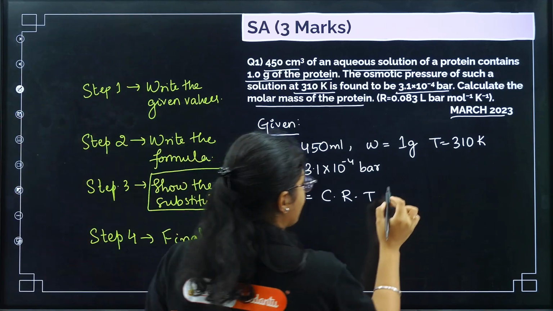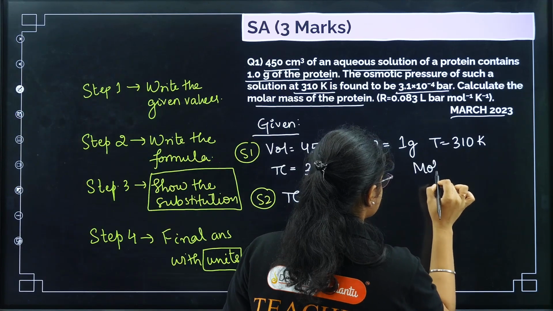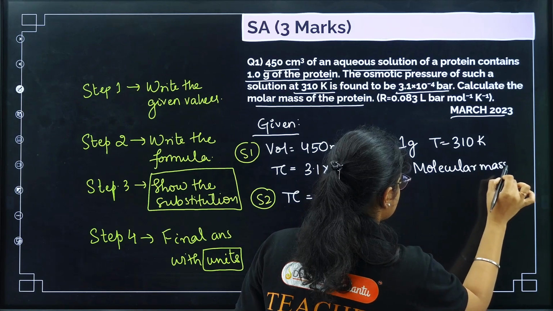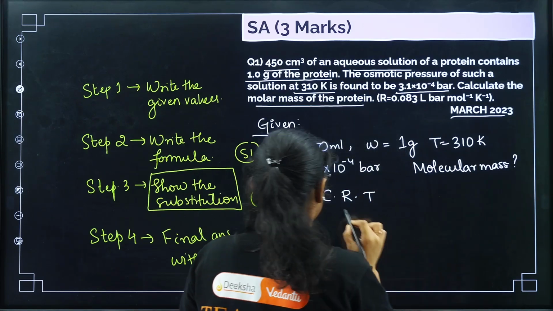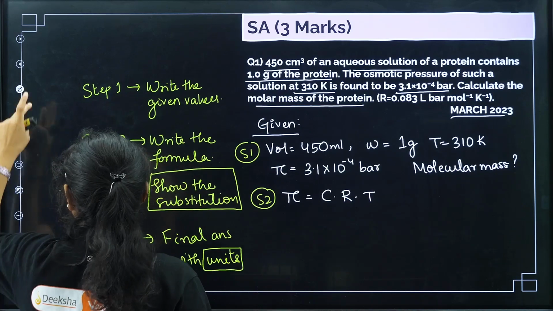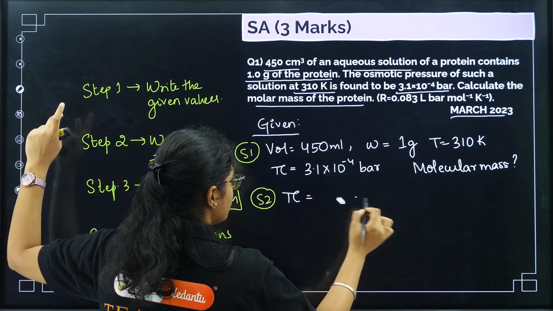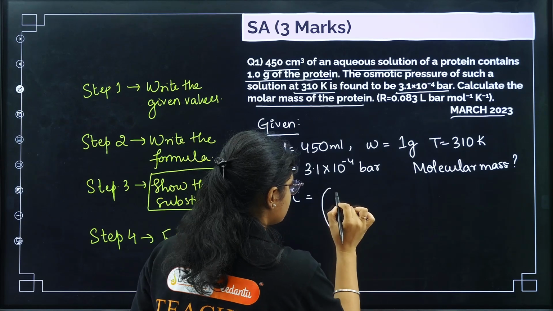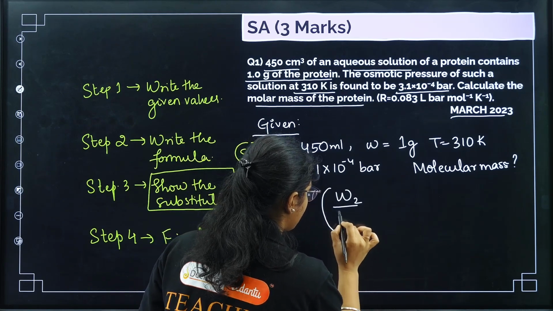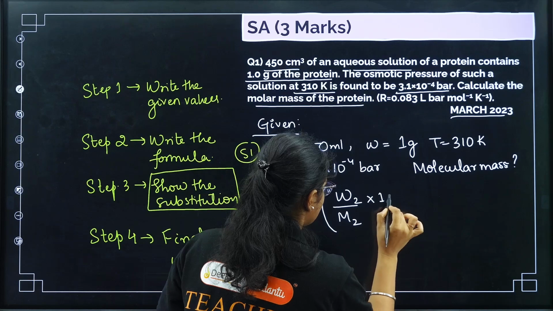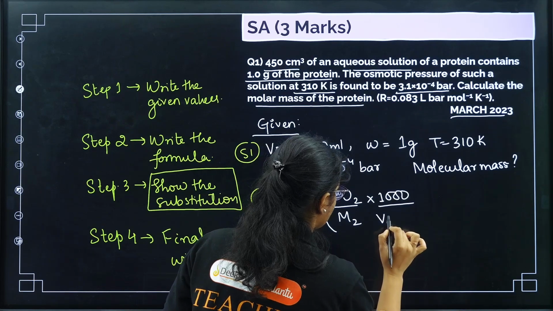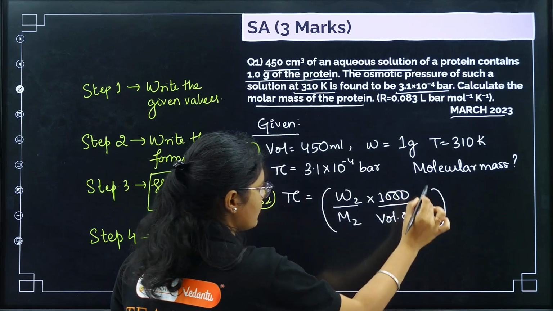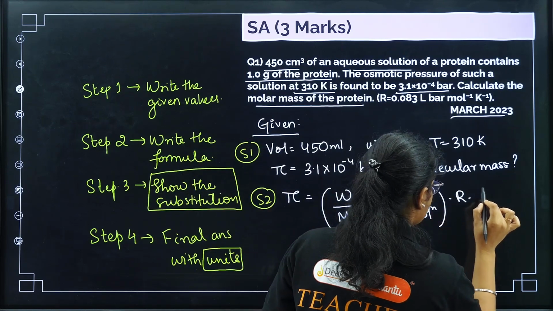What you have to calculate is molecular mass, so I write molecular mass, question mark. This formula has no molecular mass in it, so I will write it with a little expansion: it is W2 by M2 into 1000, by volume of solution. This is the formula of C into R into T.